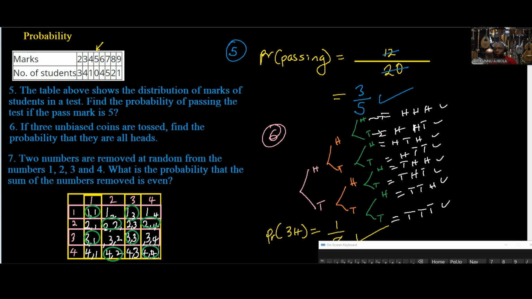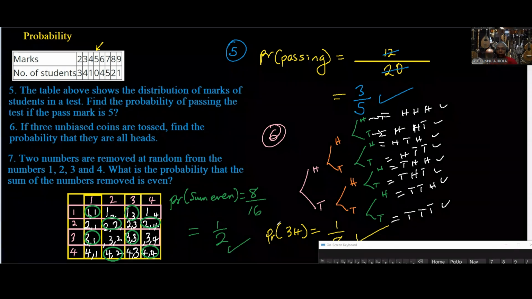These are the sums that are even out of 16. So the probability of an even sum, the required outcome, is 8, and the total entries are 16. The total sample space, so that'll be 1/2.